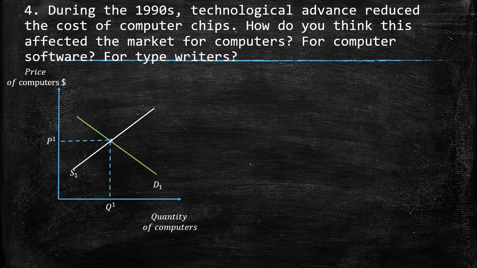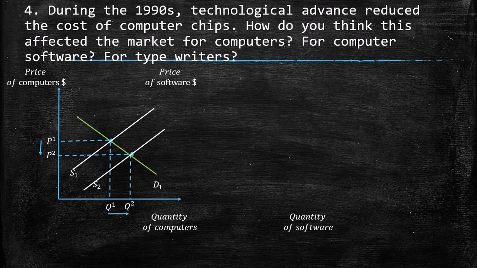If I think that the computer chip is an input for the computers, it's going to be a decrease in the price of the input, so the supply is going to shift to the right. So it's going to be a decrease in the price of computers, and an increase in the quantities in the market, which I think makes sense.